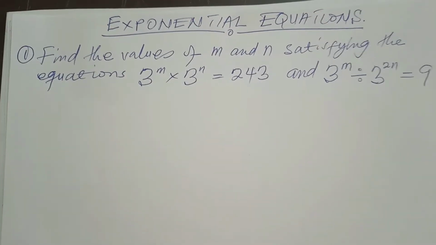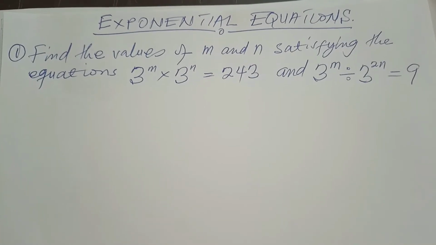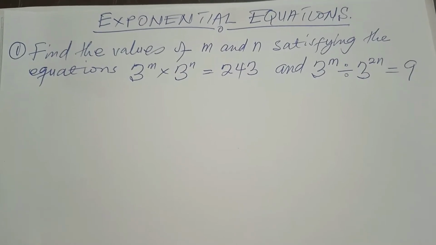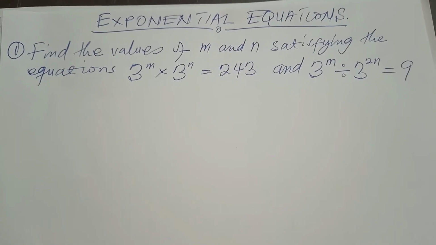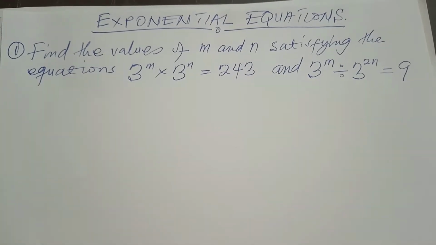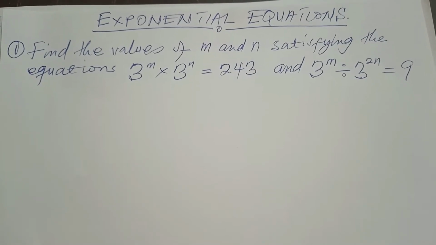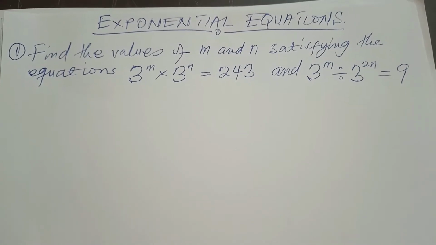In question 1, we have to find the values of m and n satisfying the equations 3 exponent m times 3 exponent n equals 243, and 3 exponent m divided by 3 exponent 2n equals 9.